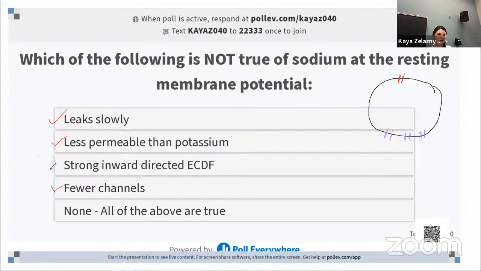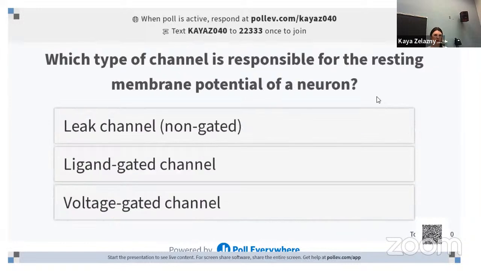And it happens to also be true that there is a strongly directed force into the cell, but it can't be released at this point because of these few channels, this low permeability causing a slow leak. So this is something that's going to change when we talk about the action potential.